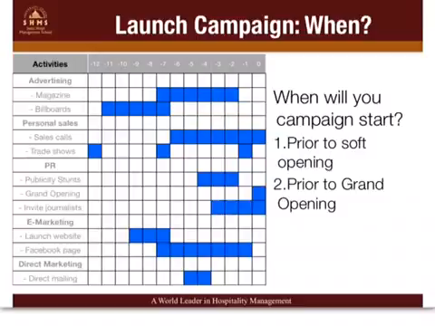In the business plan and in the marketing and launching campaign part, it is essential that you have a Gantt chart. The Gantt chart tells you, prior to your opening, what are the different actions that you are taking and when you are taking them. The when is essential so that you can start figuring out how much money you will be spending before the opening to get people involved.